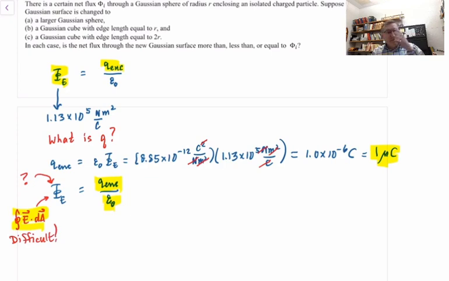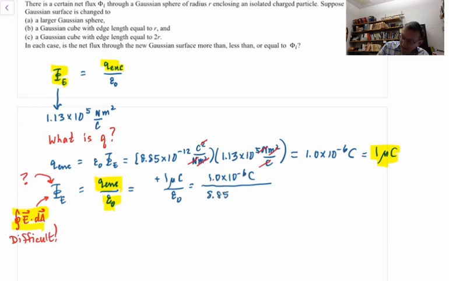Because the electric field vectors E at the different places are not nicely directed, because my sphere is not at the center of the particle. So let's just do Q over epsilon 0. There's only one Q. It's +1 microcoulomb over epsilon 0. 1.0 times 10 to the -6 coulombs over 8.85 times 10 to the -12 coulomb squared per Newton meter squared.